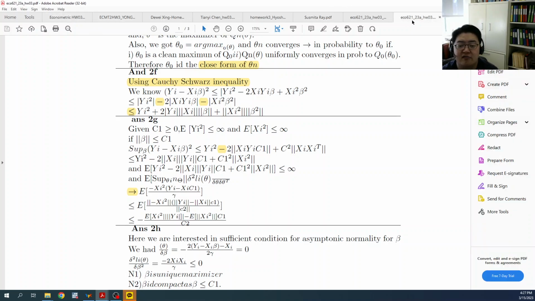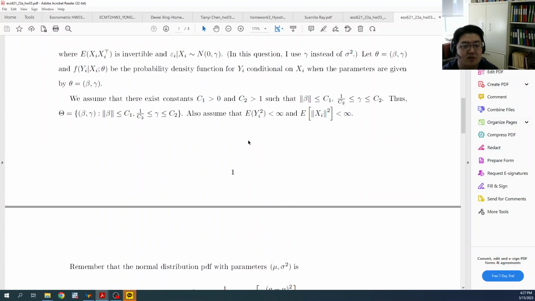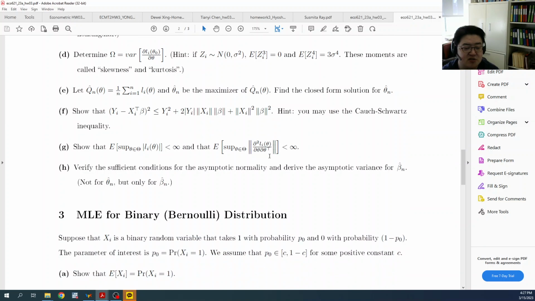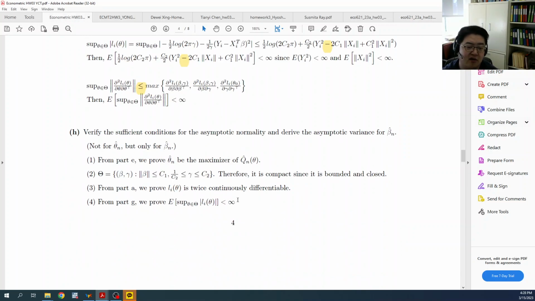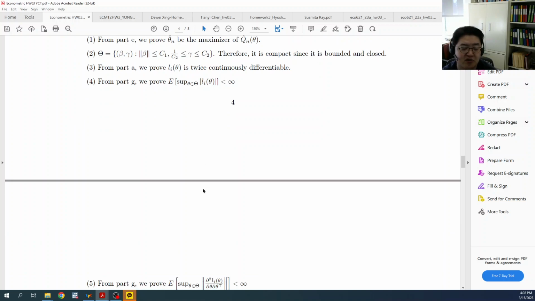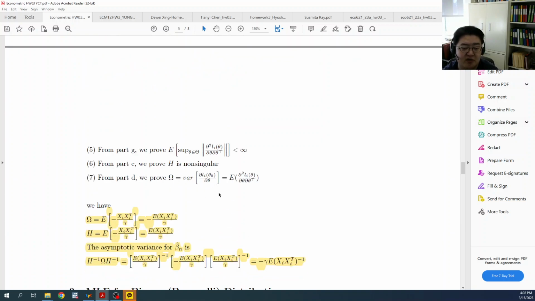Okay, and finally the last question is to verify the conditions and derive the asymptotic variance. We have done almost everything. We checked all the conditions in an earlier part.